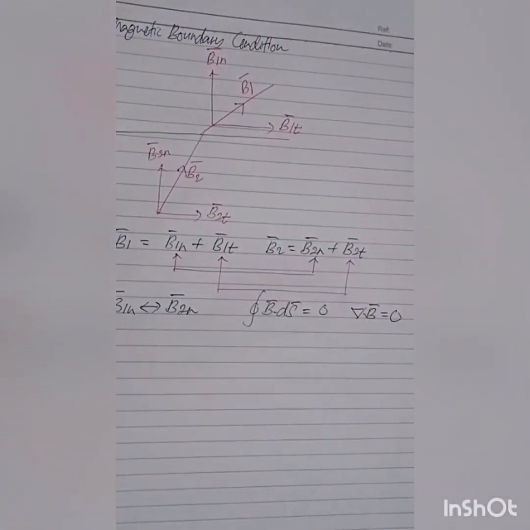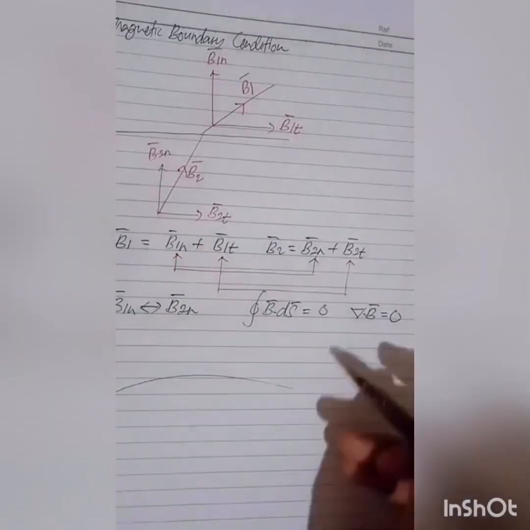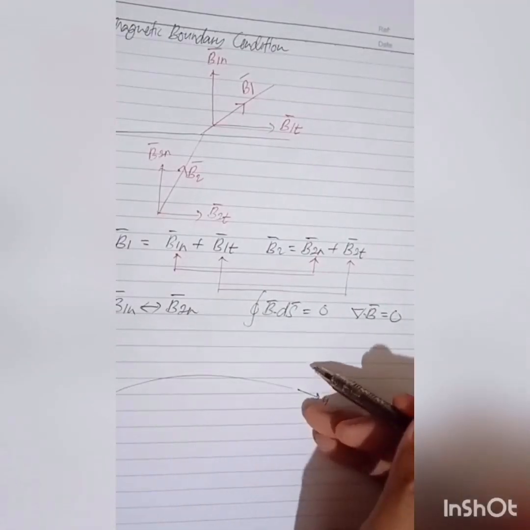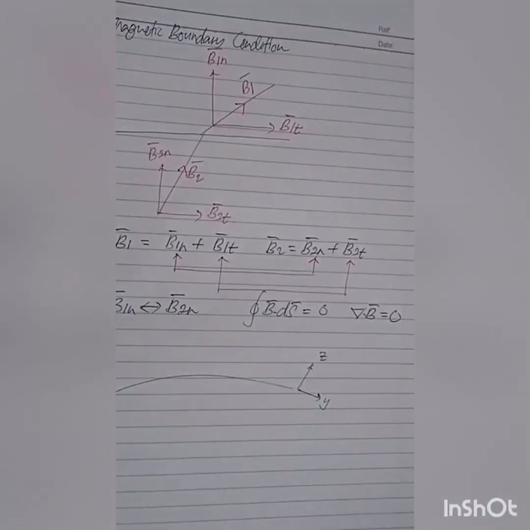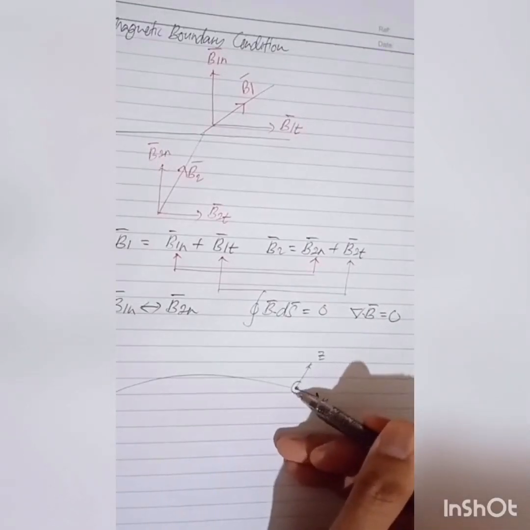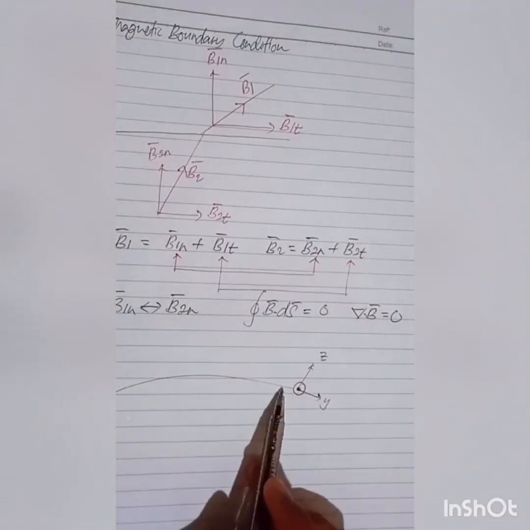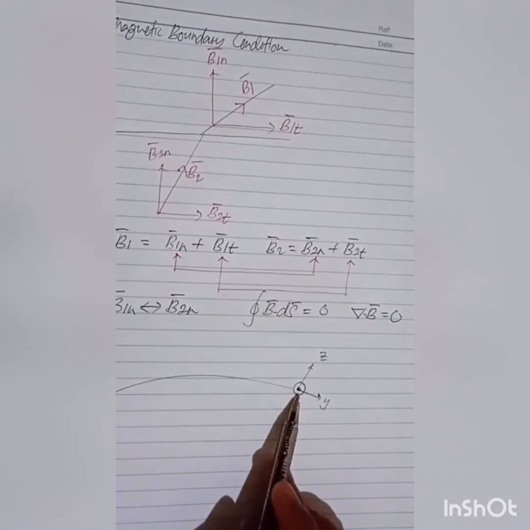Let's say this is our boundary, this is our y axis, and up here is z, and the x will point out of the page with a dot. That's how we draw our axes. Along here is the y axis, normal to it is the z axis, and x is pointing out of the page, just a dot.